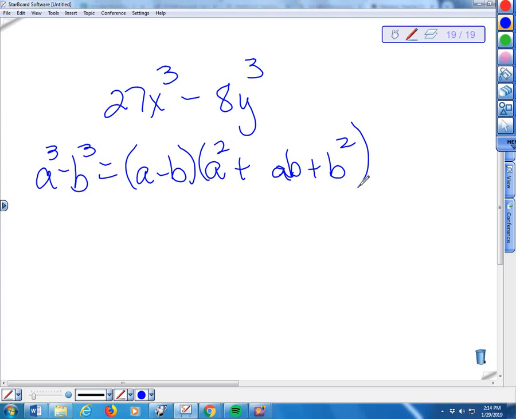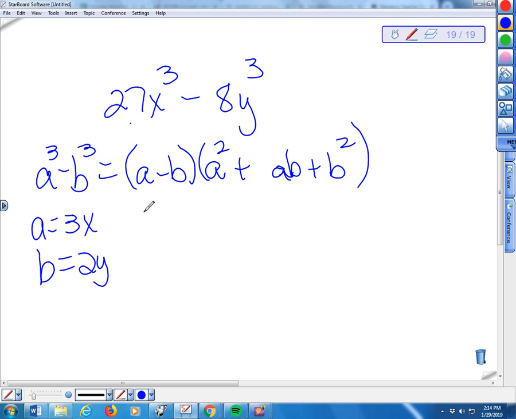Okay, so when you get it like this, until you really start seeing it, just identify A, identify B. What's A here? Wait. Be careful. 3x. And B is equal to 2y. So now I'm just going to plug A and B in my formula.